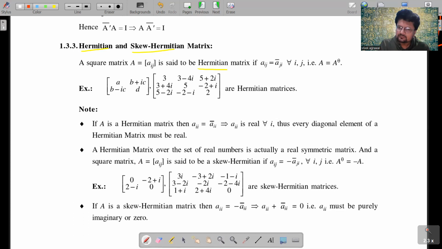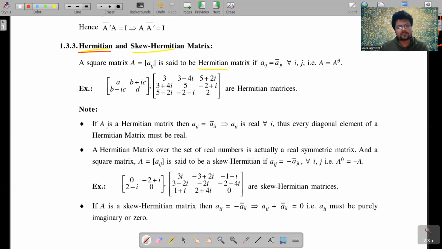Basically, transpose but conjugate. So if I have to understand correctly, how do we check? First, we have to find its conjugate, then transpose it, and then check whether it's equal to the original. Yes. If it is the same, we'll call it a Hermitian matrix. Simple, right?